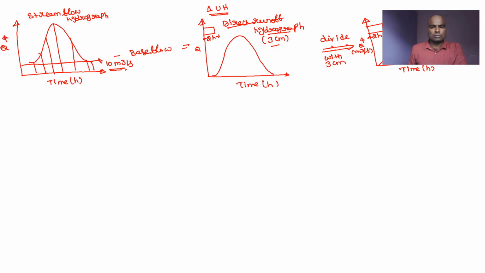So this will be the first step. They have given the stream flow hydrograph. From this, we need to calculate the 2-hour unit hydrograph. From the 2-hour unit hydrograph, we need to generate the S hydrograph.